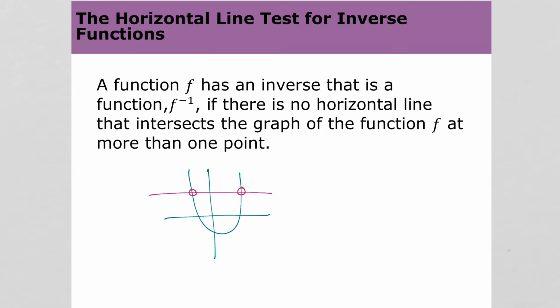Now, why does it not have an inverse? Because if we were to graph the inverse, it would look like this. This is not a function because the vertical line test doesn't pass. So a function cannot have an inverse that is a function if it doesn't pass the horizontal line test.